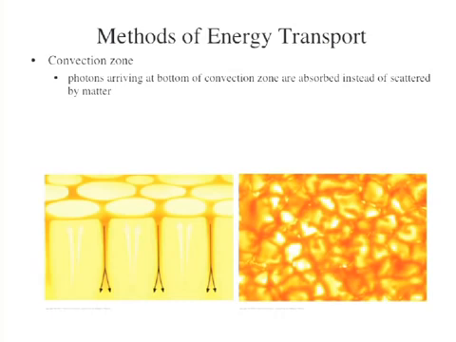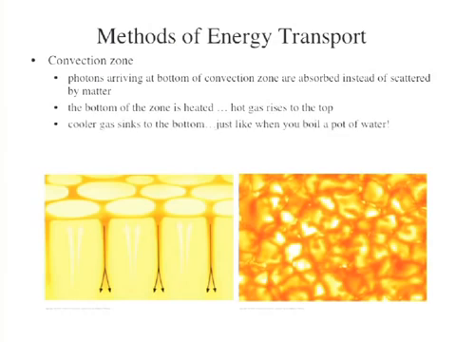The material gets hot, and it comes up. All right, so the bottom of the zone is heated. Hot gas rises to the top. Cooler gas sinks to the bottom. And this is exactly the same effect of boiling water in a pan. When you heat a pan of water, the pan is very hot, and it bubbles up the stuff at the bottom.